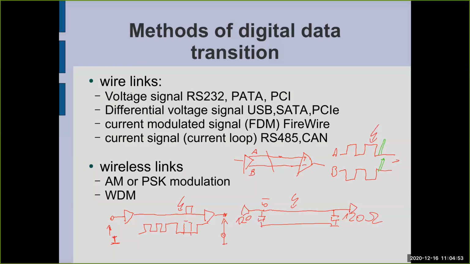Regarding robustness to interference, the most prone is voltage signaling. Differential voltage signaling is less prone to interference than voltage signaling, but more prone than current signaling, but it consumes less power. Therefore, this method is commonly used in current interfaces like USB, serial ATA, PCI, and so on.